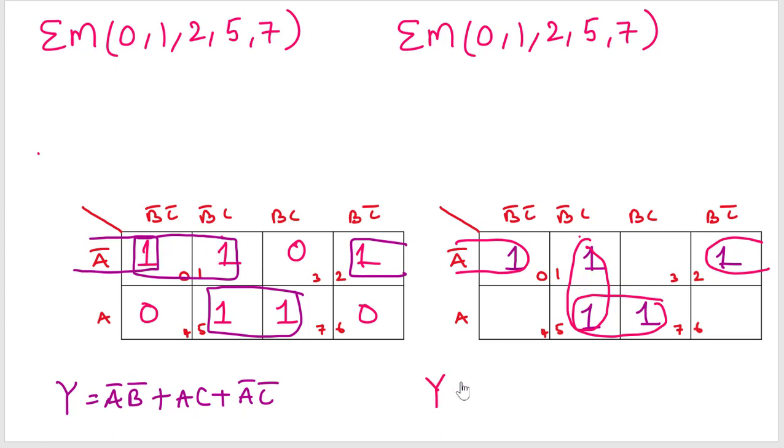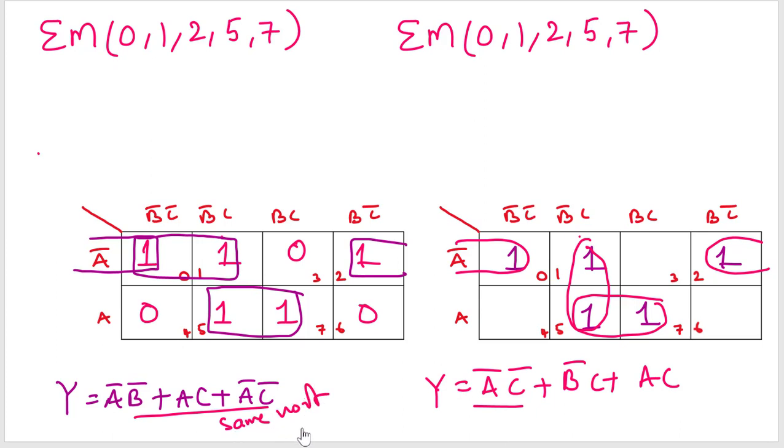If you write the output expression for this, for the first pair you are going to have a bar c bar, for the second pair you have b bar c, and for this pair, a c. If you look here, in both the expressions we have the same number of minterms.